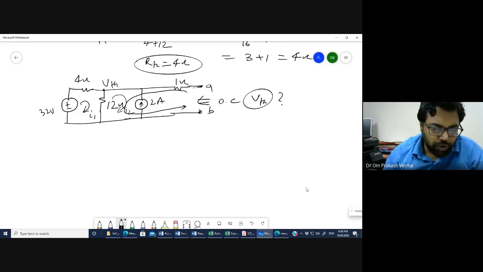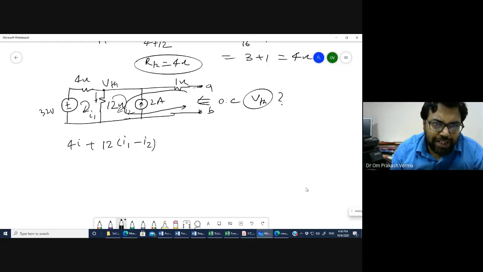So let's say 4 I1, I'm taking this loop, plus 12 into (I1 minus I2), because I1 is going like this and I2 is going like this, so I1 minus I2 is the effective current in this branch, minus 32 equals 0.